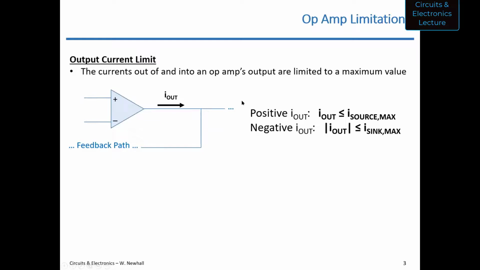So you may be trying to have that current flow out of your circuit, maybe to turn on an LED or a light or something like that. That's not the only current that this op amp has to source. It also has to source current down into the feedback path, maybe to make something happen as a linear amplifier.